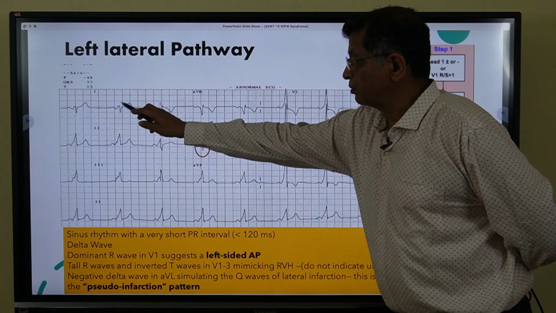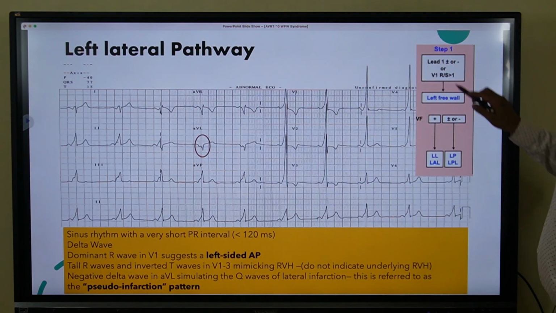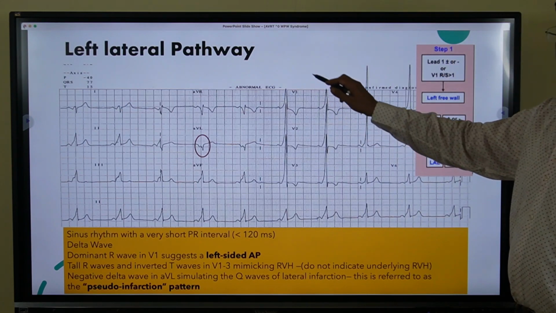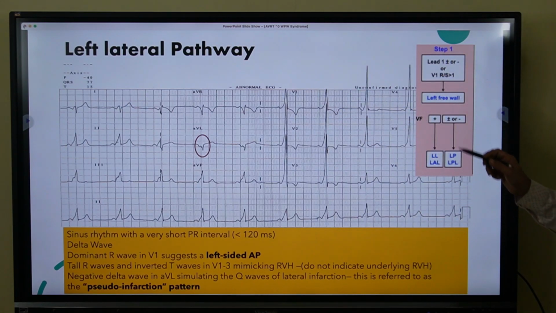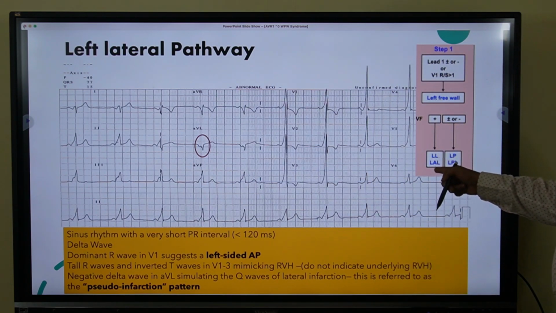In lead 1 it is negative, in lead V1 it is strongly positive, R bias more than 1. So the pathway is in the left free wall. Also see aVF: it is a positive deflection, so this is a left lateral or left anterolateral pathway.